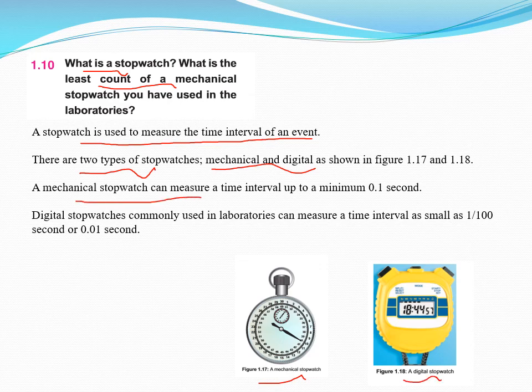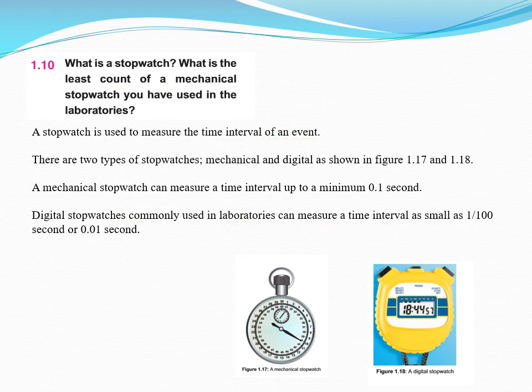A mechanical stopwatch can measure a time interval up to a minimum of 0.1 seconds. So 0.1 second is the least count of a mechanical stopwatch. Here I added it extra because it is not asked in the question, but for more clarity, digital stopwatches commonly used in laboratories can measure a time interval as small as 1/100 seconds or 0.01 seconds.